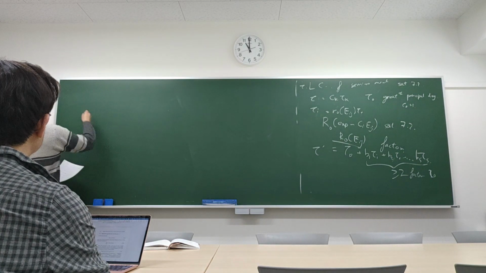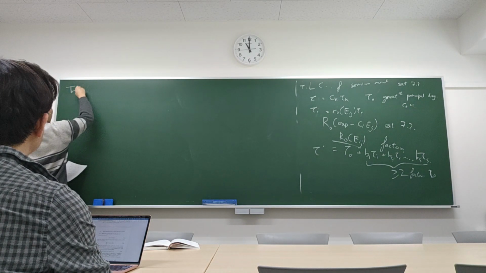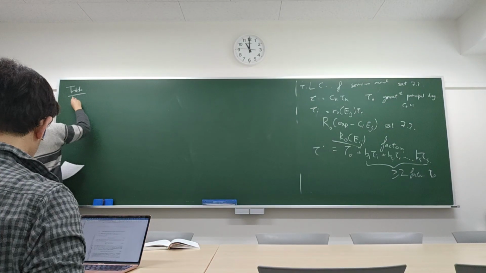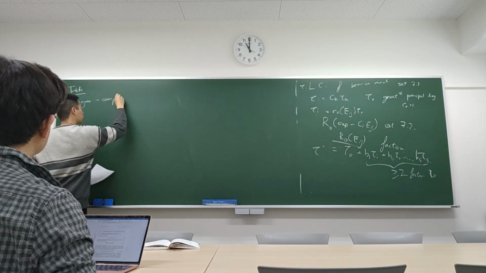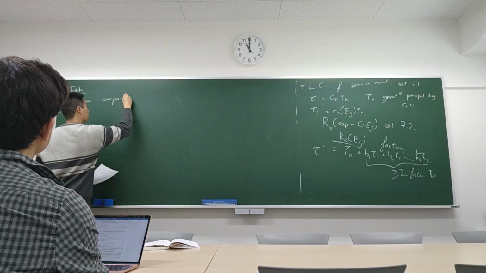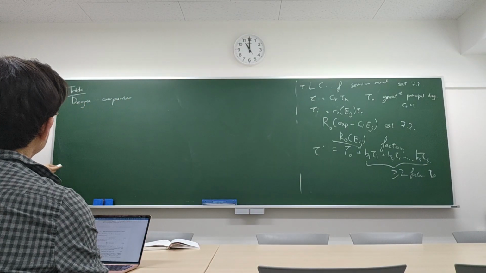So from here on out, we use a trick. The idea is that we are comparing degree. Now this idea is important to keep in mind because what's going to happen is a little bit convoluted.